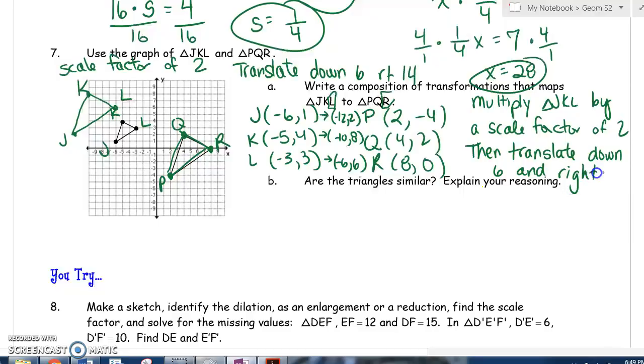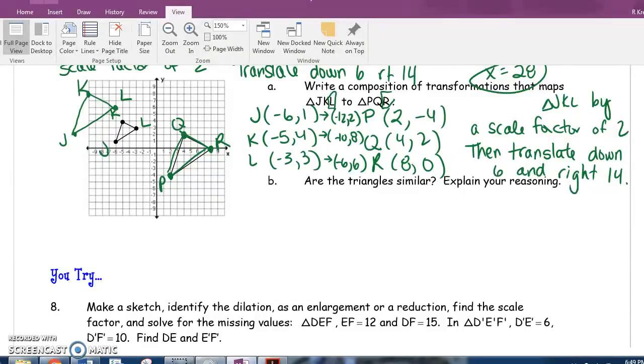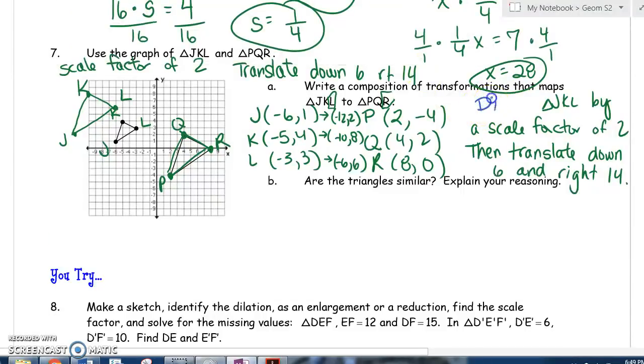So it's usually going to be some kind of a scale factor and then translate. Actually, instead of multiply, we're going to use some vocab. We're going to say dilate. So it's usually going to include dilating and then translating. So we're going to dilate the triangle by a scale factor of 2, and then translate it down 6 and right 14.